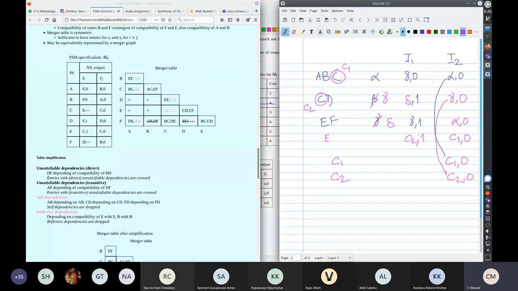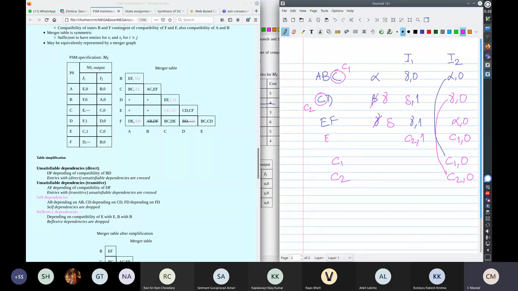Okay. So that's an interesting aspect, as you can see, of the optimization of incompletely specified FSM. You have state splitting, all right.